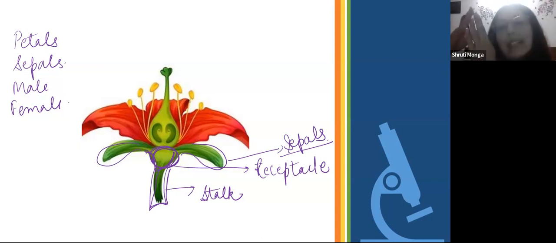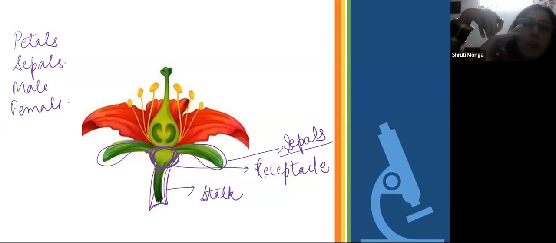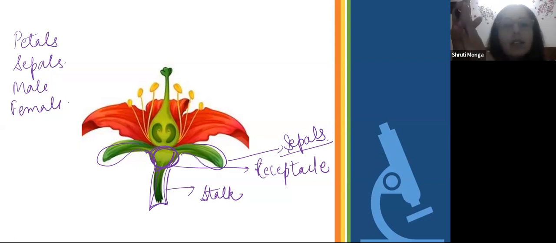It is completely covered with green leaf-like structures. When the flower is in the bud stage, those sepals protect that small bud. When the flower starts to bloom, they spread out, and from between them the flower emerges. So the role of sepals is to protect the flower when it is in the bud stage.